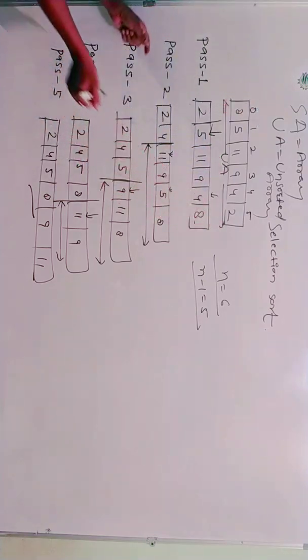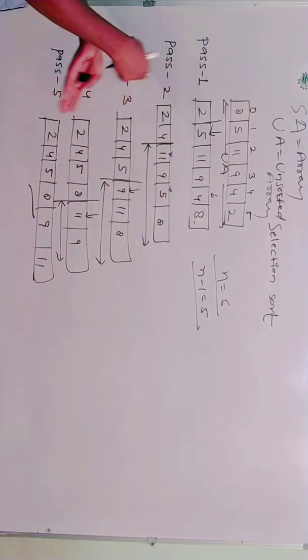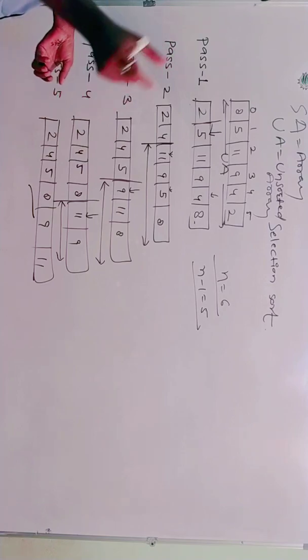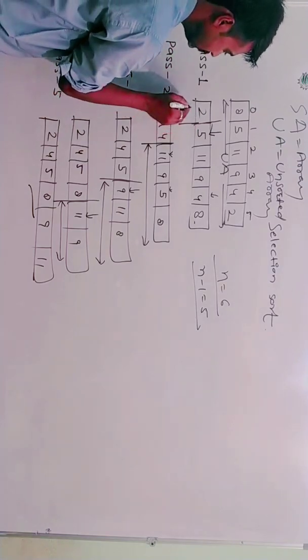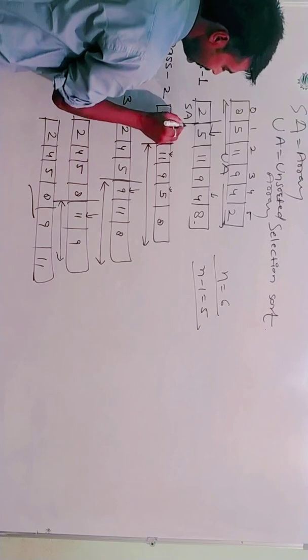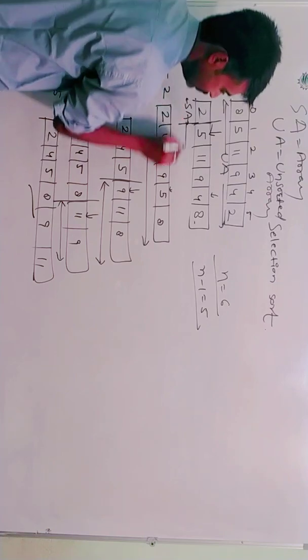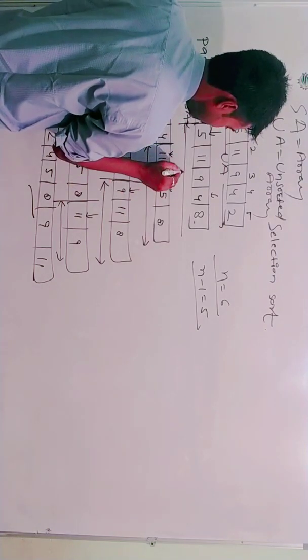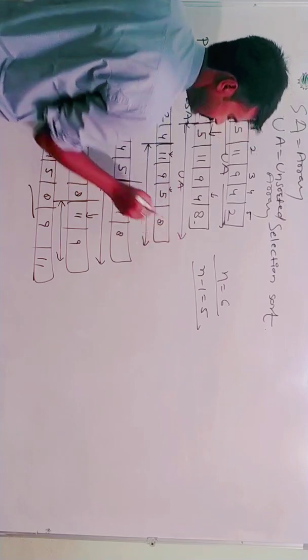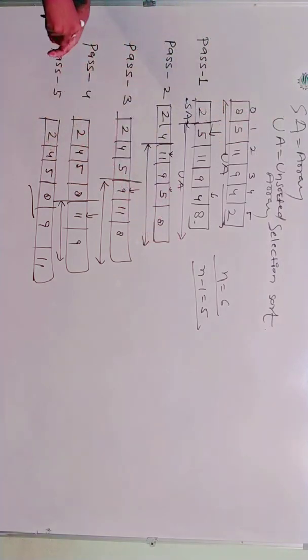Now, when the first element is replaced with the smallest element, this becomes the sorted array and this is our unsorted array.